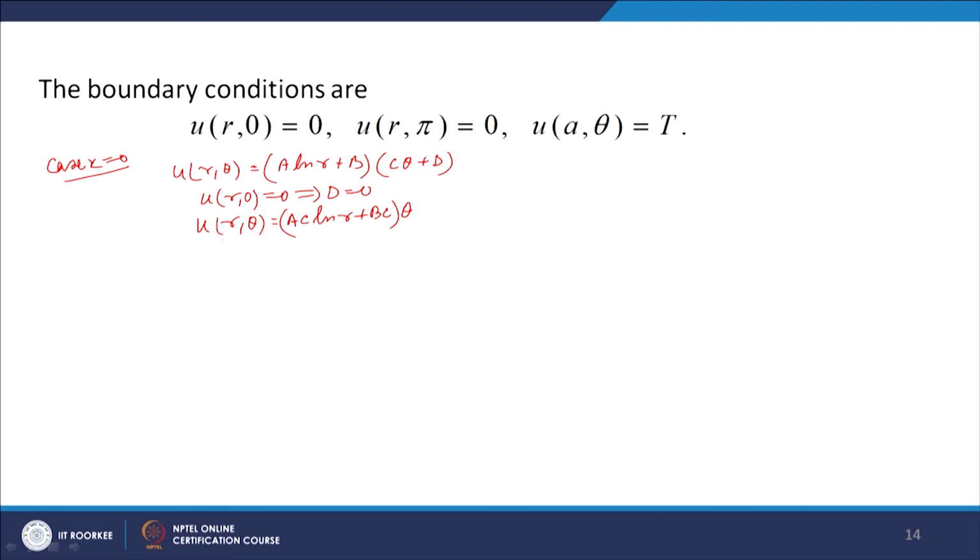So, u(r, pi) equal to a c ln r plus b c into pi. u(r, pi) equal to 0. So, this implies that a c equal to 0 and b c equal to 0, which means that u(r, theta) equal to 0. Either c equal to 0, and d is already 0. So, if c is 0, the solution will be 0.